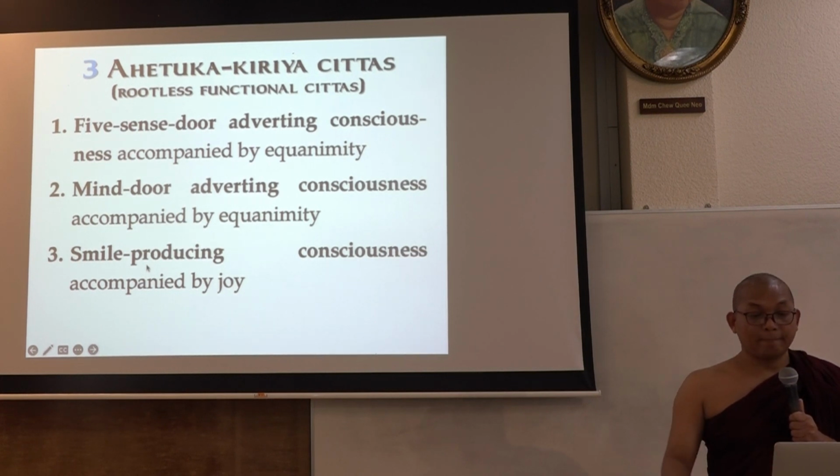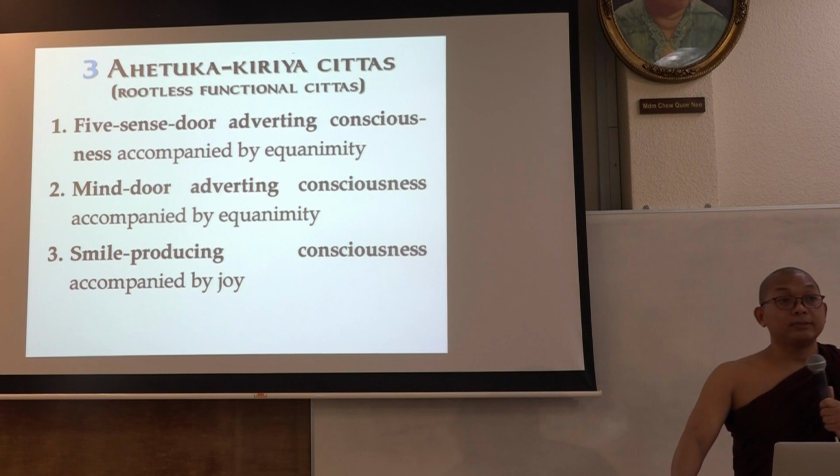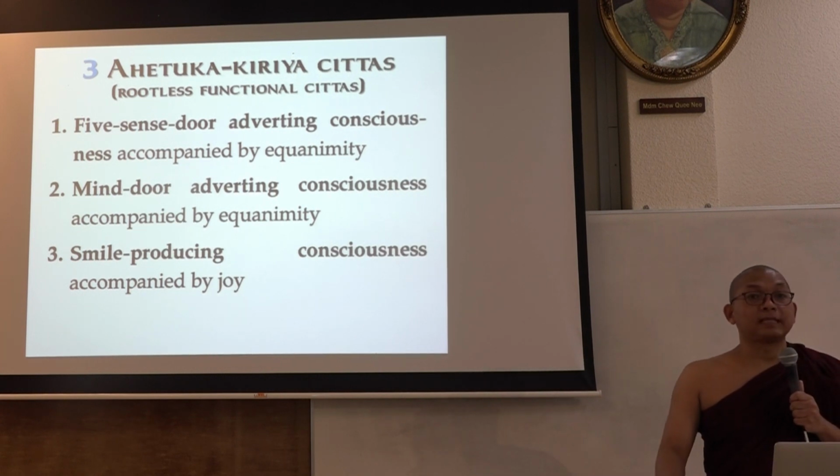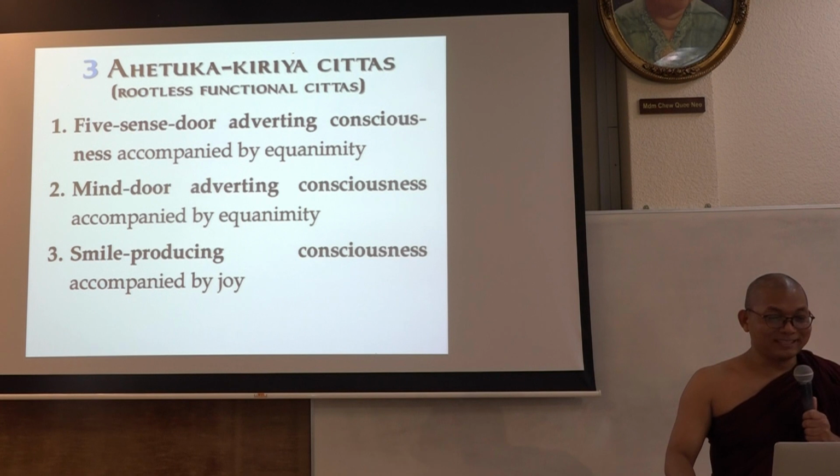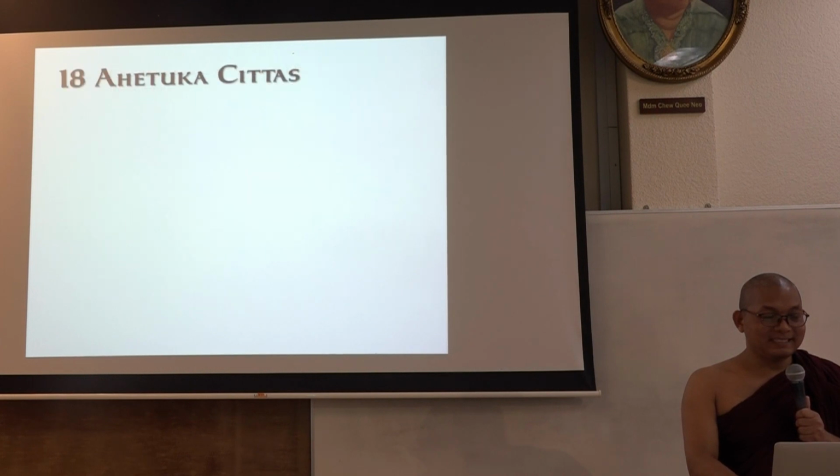Altogether 3. Okay, do you have any question? Okay, no question. I think it's clear for you, I hope. We have 18 ahetuka cittas.